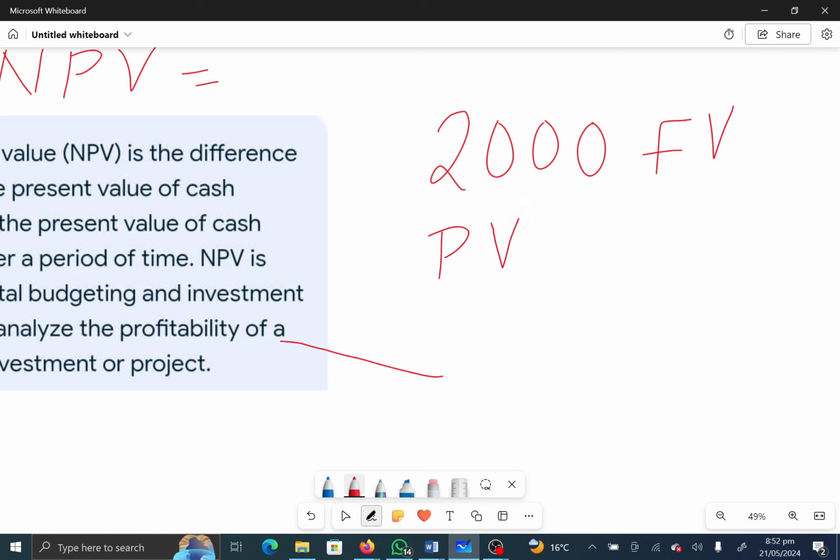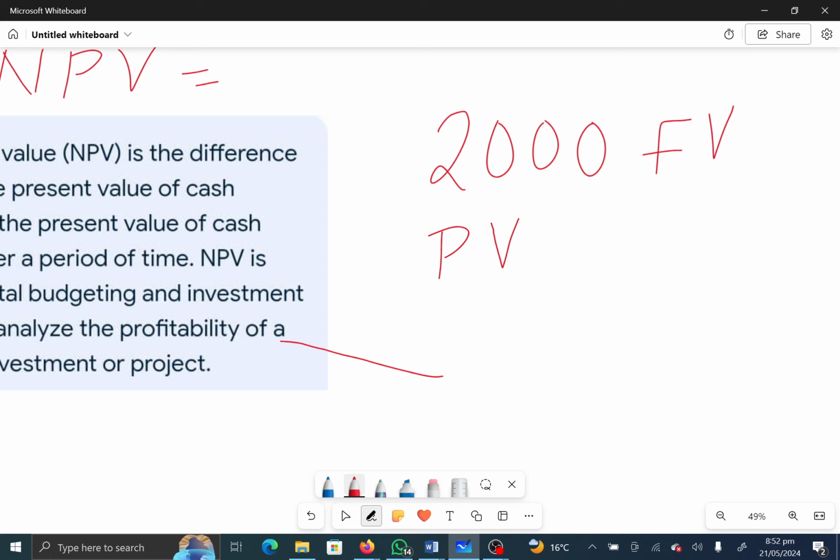So we are trying to assess the value of 2,000, say in 20 years' time, as compared to today's time. When it comes to project appraisal, we normally say 2,000 today is worth more than 2,000 5 years from now.